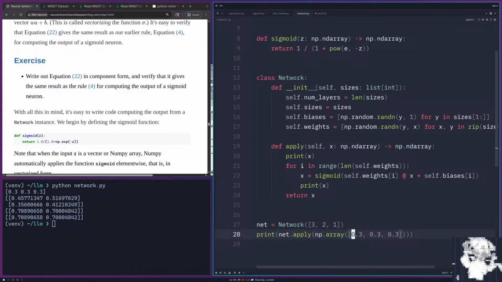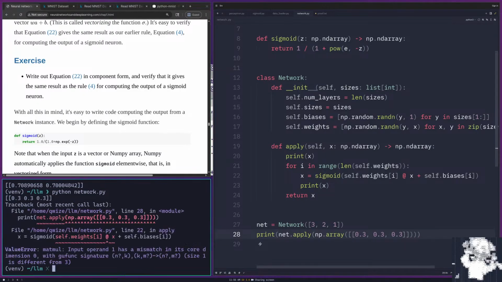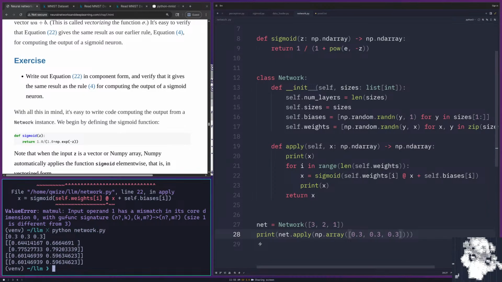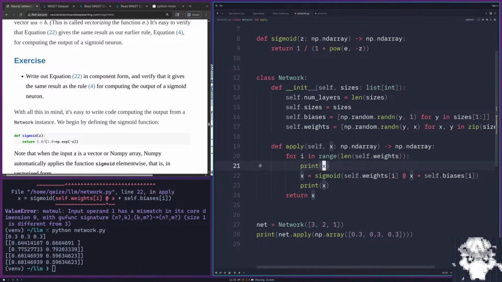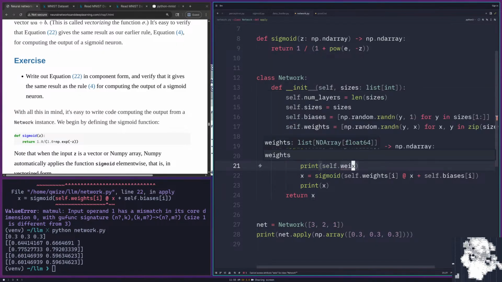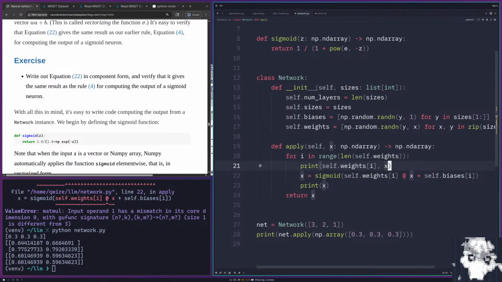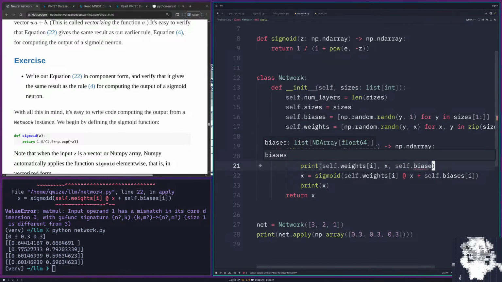Is it like I need to do this? No. All right, for in the loop, tell me what self.weights of i is, and then what x is, and then what b is.